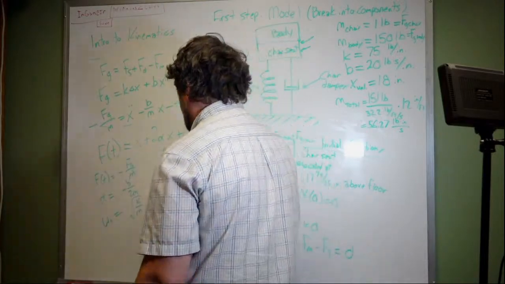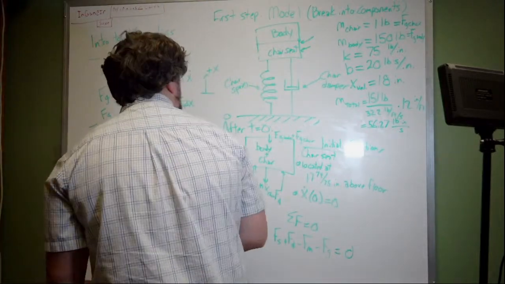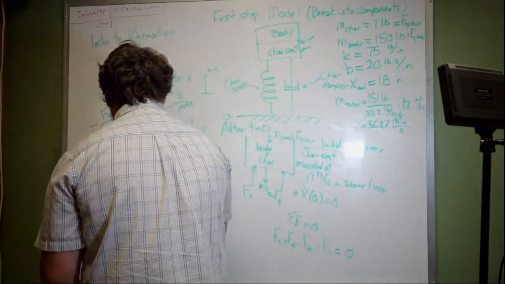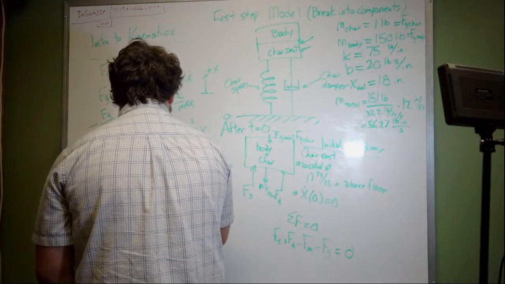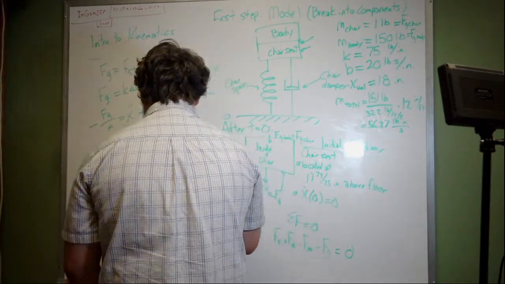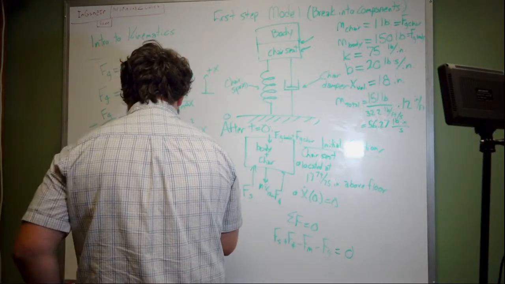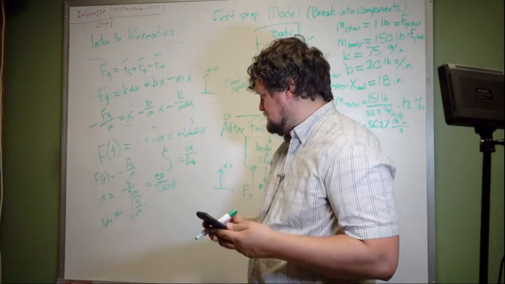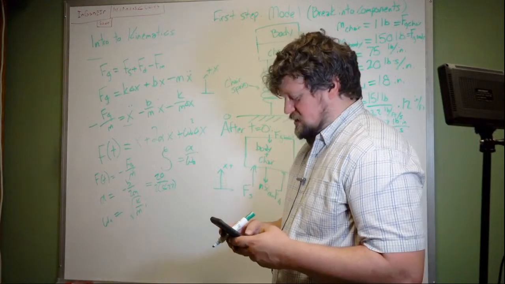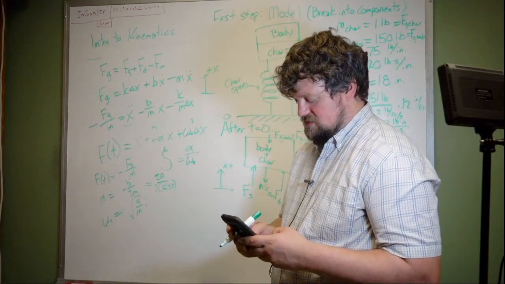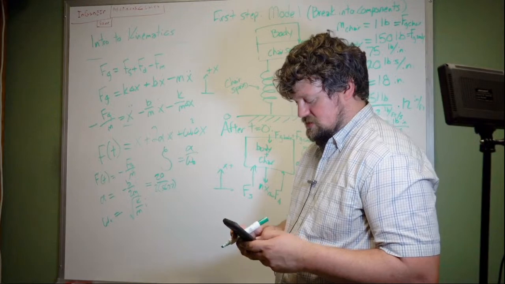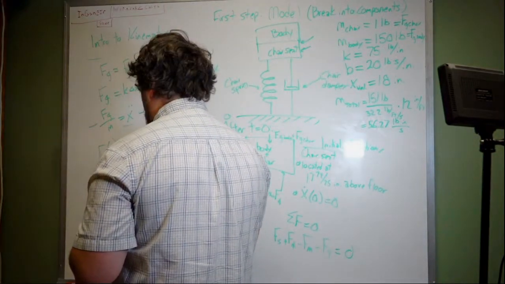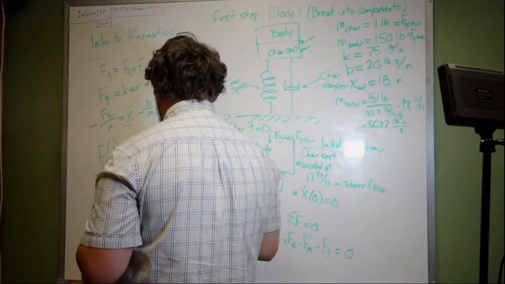So we'll just go ahead and calculate that. Alpha here is going to be equal to b over 2m. So that is 20 divided by 2 times 56.27. Here we're going to take the absolute value when we do this calculation. 20 divided by 2 times 56.27. That's going to be equal to 0.1777.